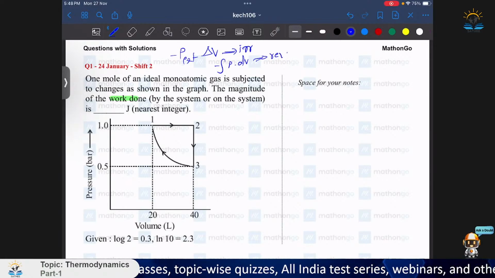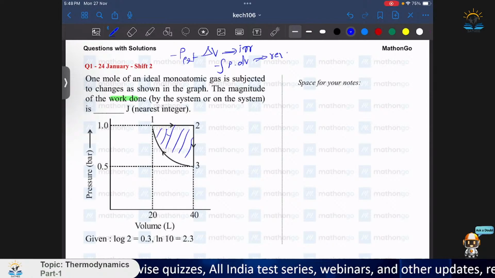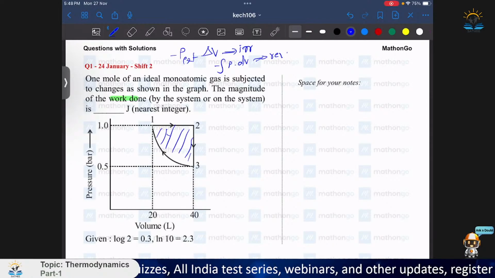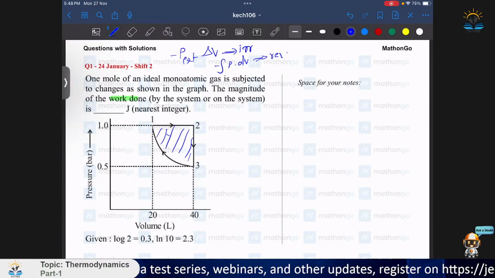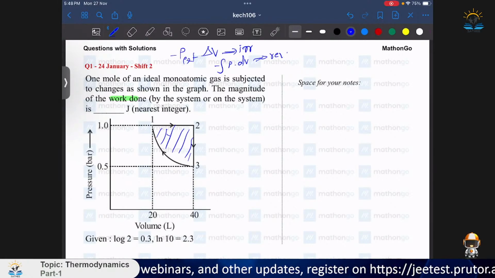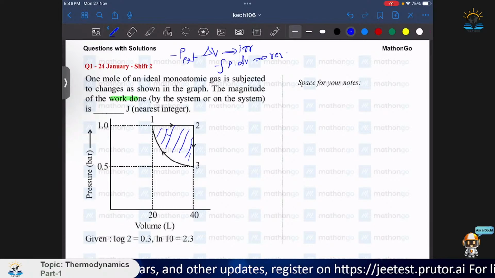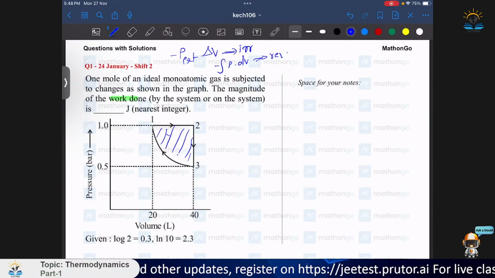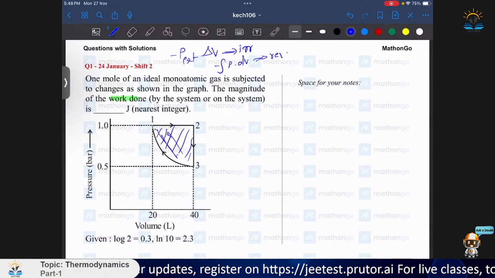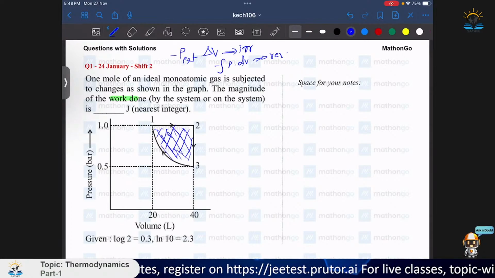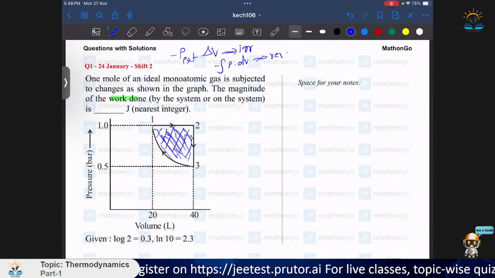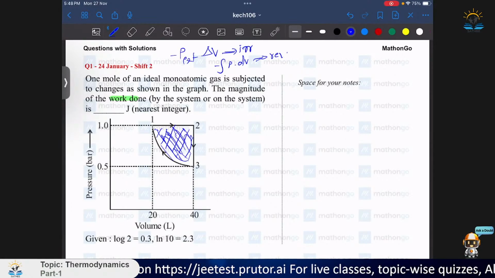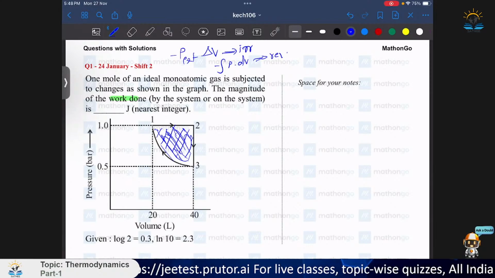Here we can see that a work like this has been done, and it is an ideal monatomic gas. We just need to find the area under the curve in the PV graph and we will get the work done. So let's try to find it out.